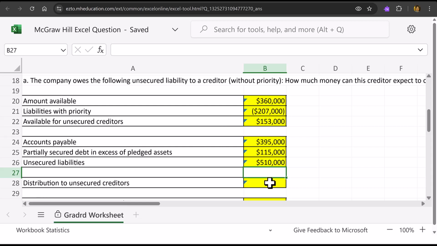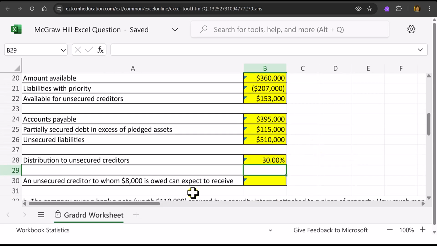Okay, so here, that's the remaining assets, 153, divided by the liabilities that haven't been paid off yet. And when I enter it, you notice, oh, nice round 30%. Yeah, it's already formatted to show a percent format, 2 decimal places.